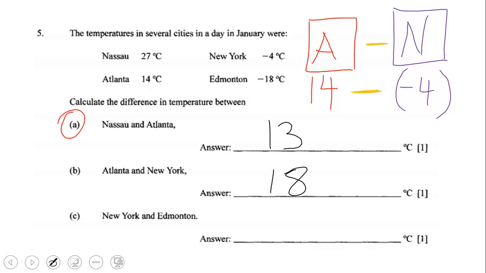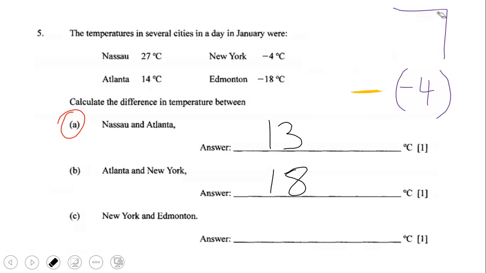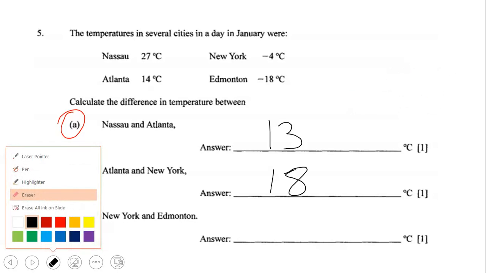Next, we go to 5c and we consider the following question. What is the difference in temperature between New York and Edmonton? In order to do this, we consider, okay, what is the temperature of New York?